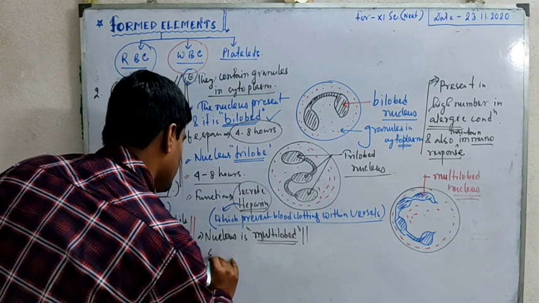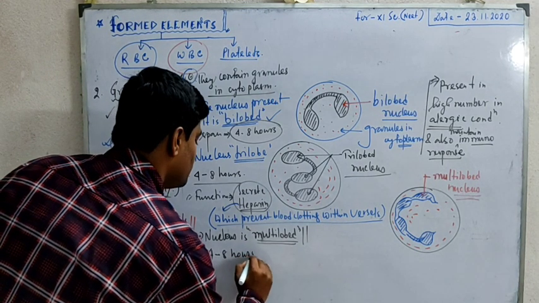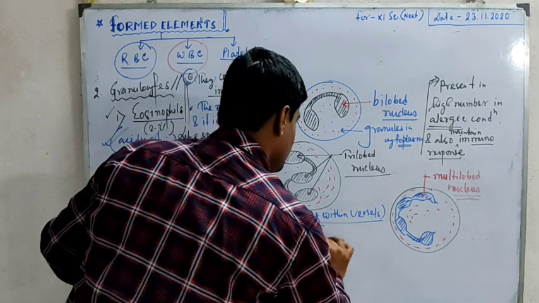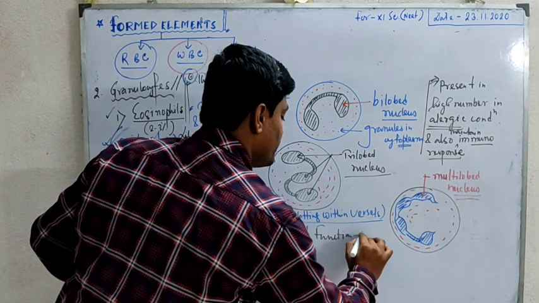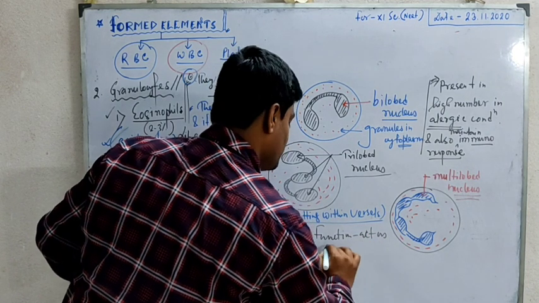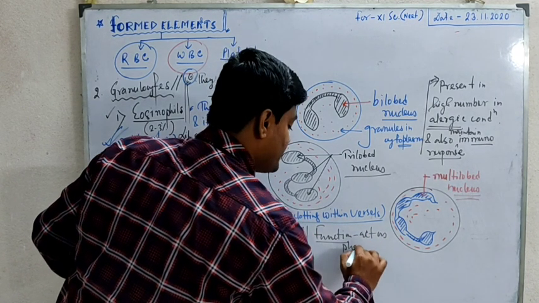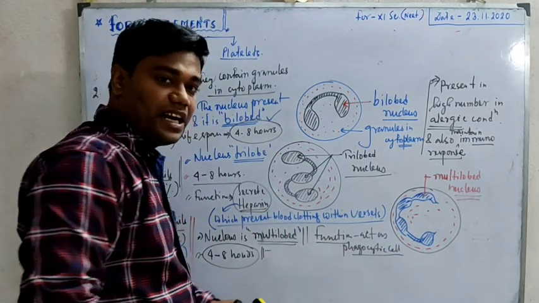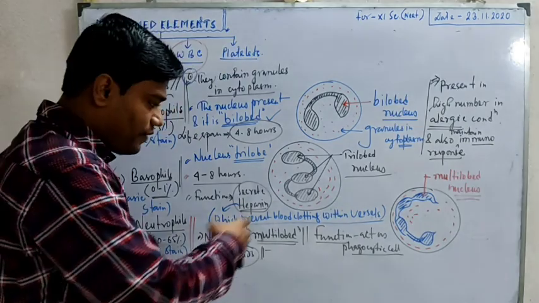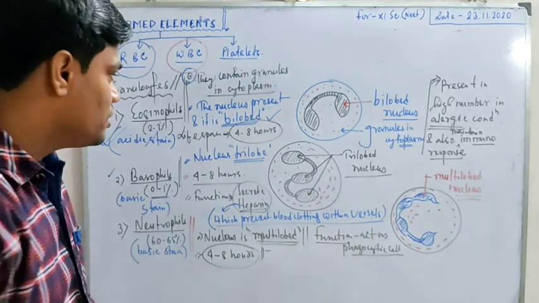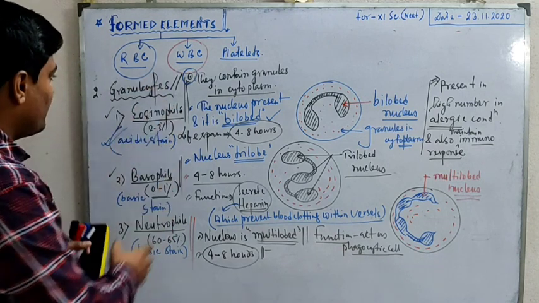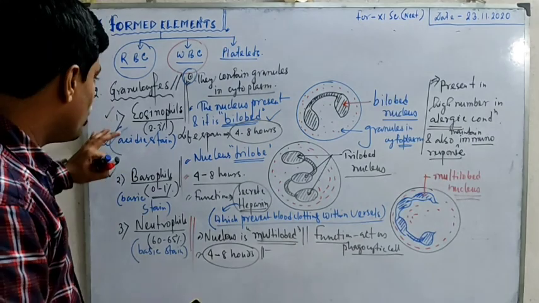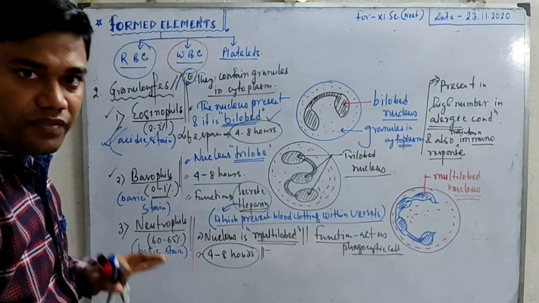Also lifespan 4 to 8 hours, and the main function, act as phagocytic cell that engulfs germs. So this is the total analysis, or different comparisons, of the different types of WBCs found in our blood.